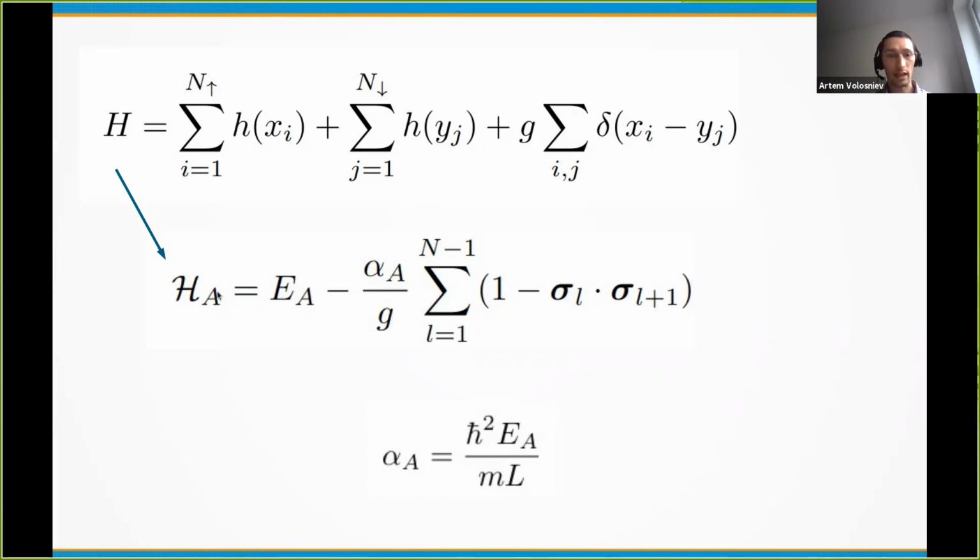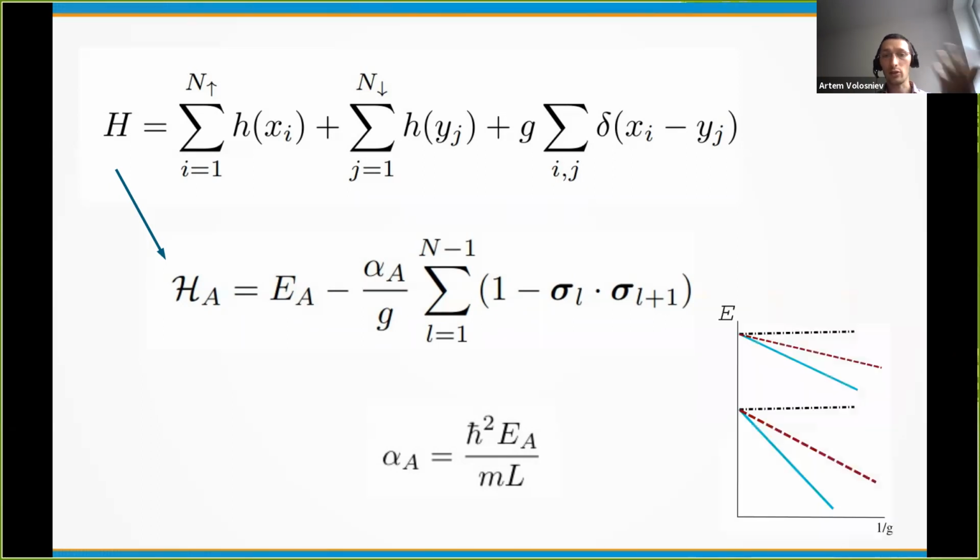And I have here this subscript capital A, because what I want to say is, I talked so far about the ground state only, or at least I convinced you that I would like to talk about the ground state. But I never really used properties of the ground state.